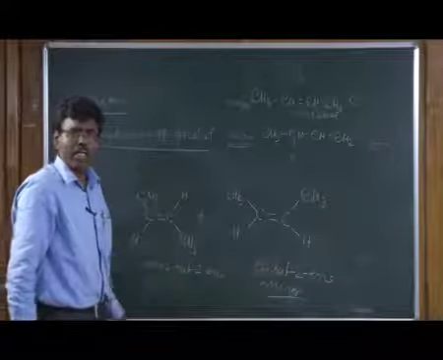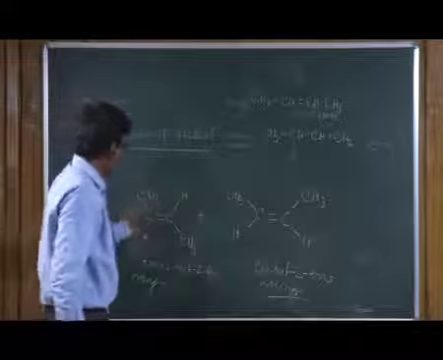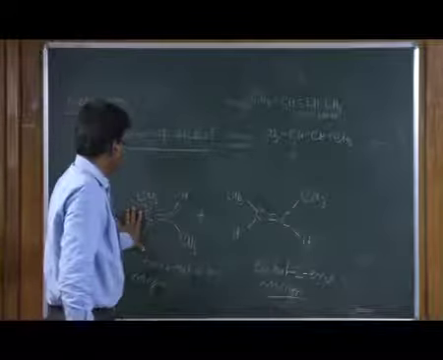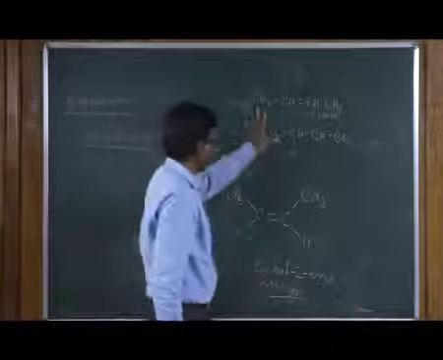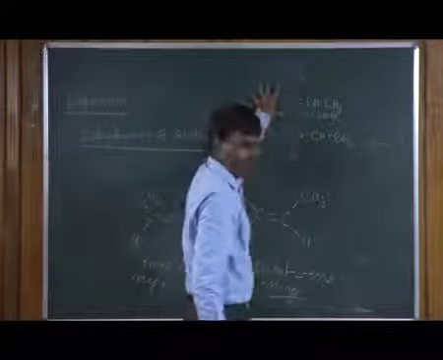These are called geometrical isomers, and this will be the major compound, this will be minor, and if you compare the ratio, this will be the major product.